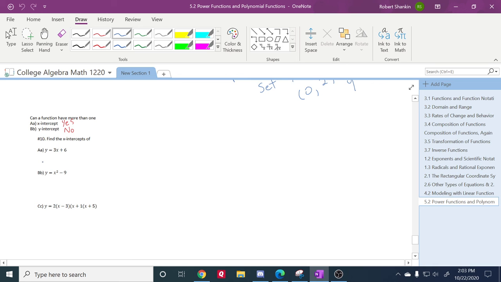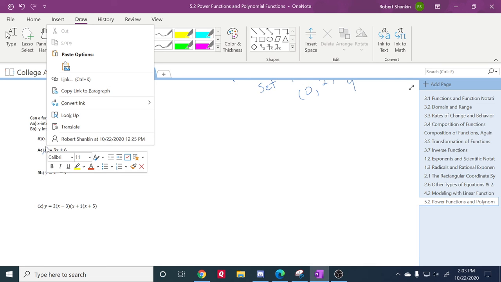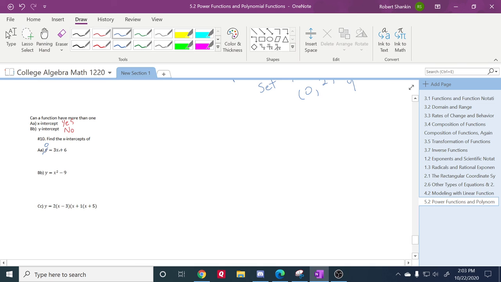I haven't received any confirmation from any of my other group members, but I came up with, just for A, the x-intercept is -2. Okay, and how'd you find it? I set y equal to 0, put the y is 0 in, and then you got this equation to solve for x, and you get x equals -2.